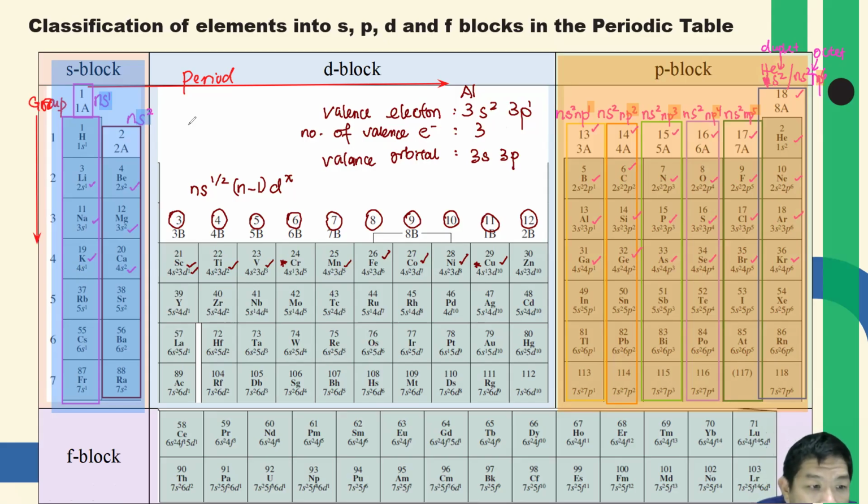One more thing worth taking note of: if the number of valence electrons is 3, it is not only possible that it is 3s2 3p1, but it can also refer to d-block elements, because scandium also has 3 valence electrons, titanium has 4, vanadium 5, chromium 6, manganese 7, and so forth.